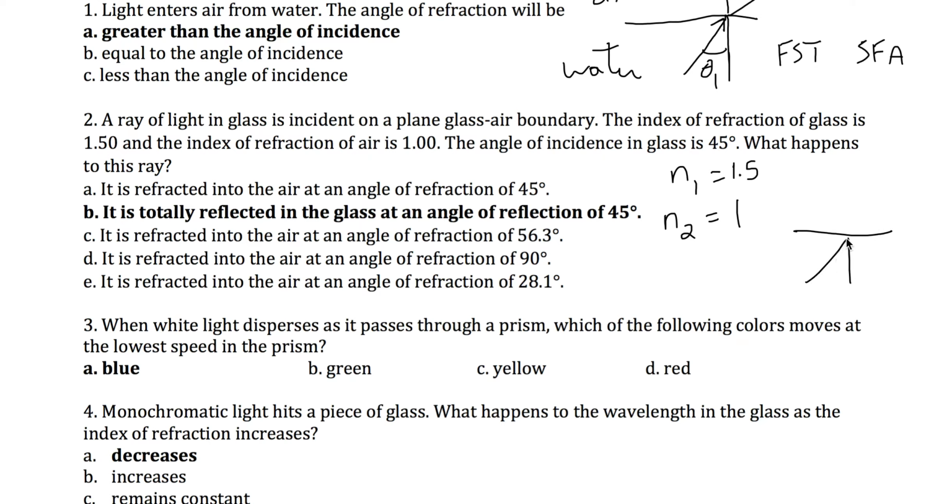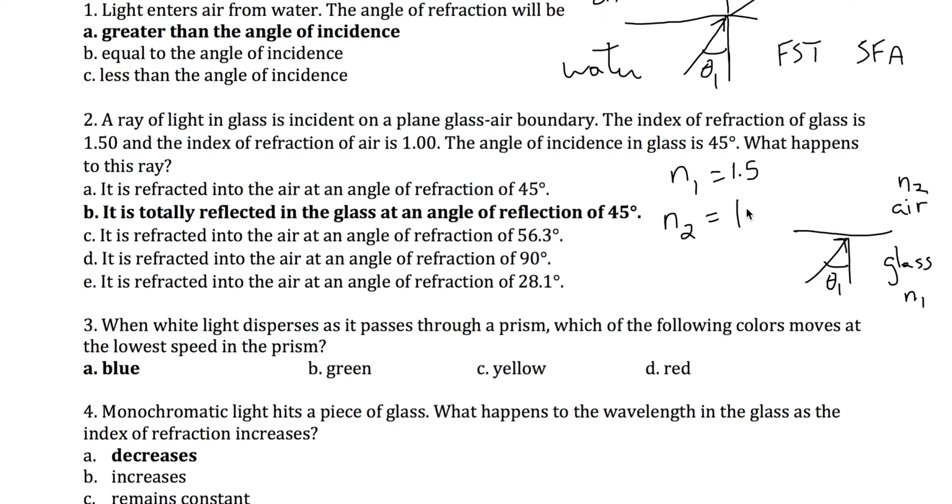Alright, so again, if you picture this, we can draw it just like the one above. We're going from glass, and we want to know what happens. Well, when you go from a high index, N1, to a low index, N2, if your angle of incidence right here is high enough, if it's greater than the critical angle, then all of the light will be totally internally reflected.